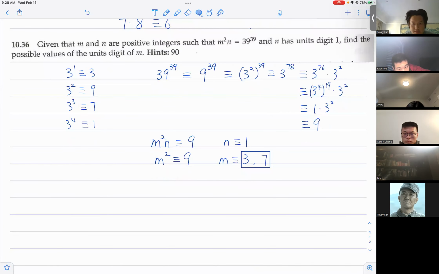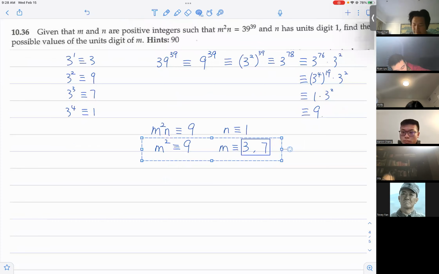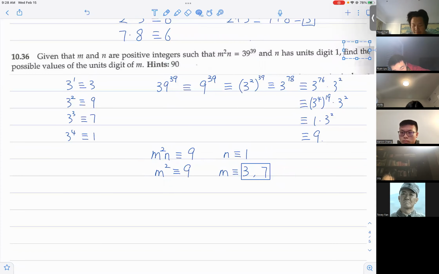So Aaron, make sense? Reka? Use a 3 again. So you see, if there were more than one answer, it will say find the possible values of something. That means you have to find out all the cases. Okay, good.